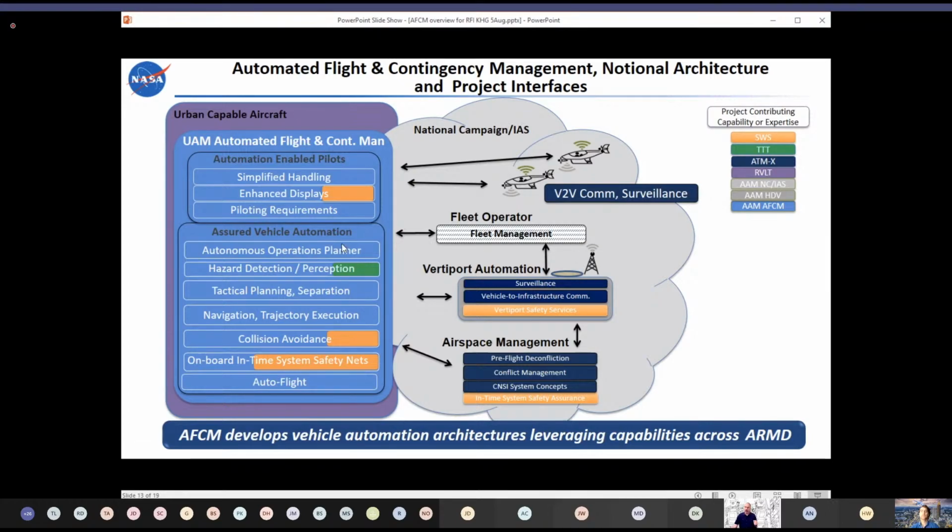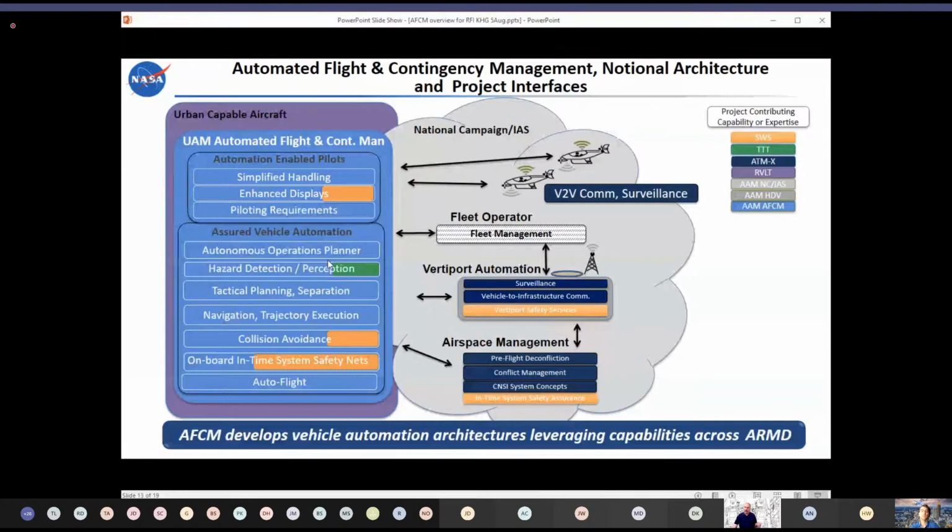The assured vehicle automation aspect focuses on the down and in of the vehicle system, and the functions as illustrated on this chart correspond to those levels that I talked about previously on the earlier chart, starting at more strategic decision support, getting into local perception and situational awareness, and then the actual conduct of the flight.